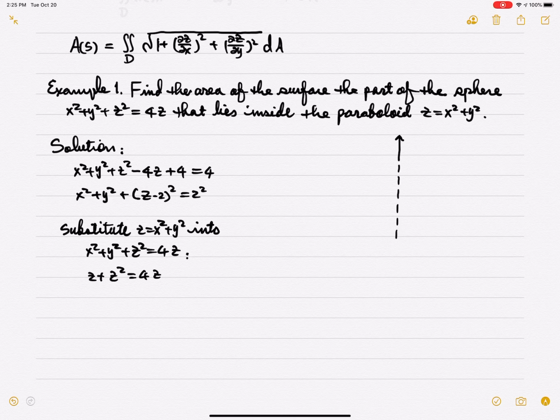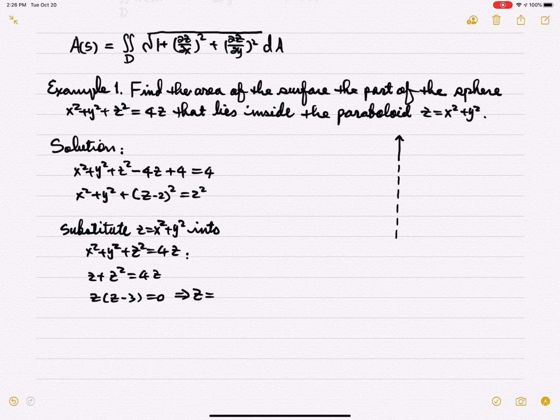You cancel 1z, move 3z to this side, so z times z minus 3 equal to 0. Of course, for the intersection, that means either z equal to 0.